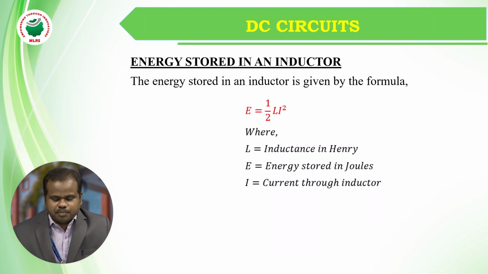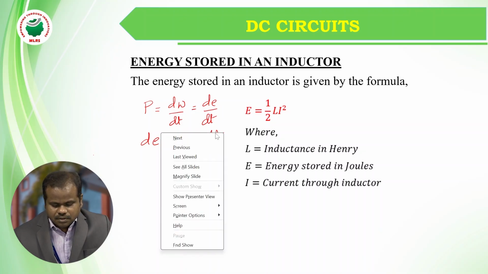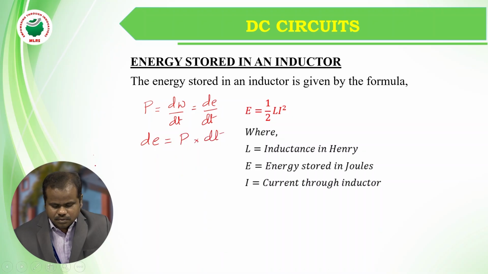So from the definition of power, we have P is equal to dW by dt, or dE by dt, the rate of change of energy. So from this, dE is equal to power into time, where power is given by the product of voltage and current.